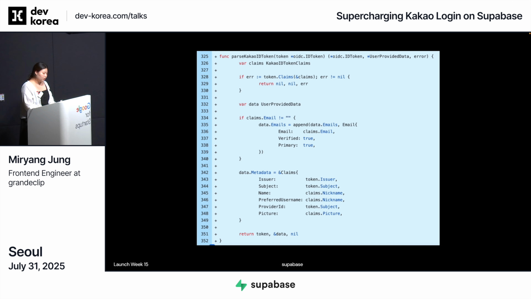I brought a small part of the pull request I submitted. The OIDC ID token used the standard format, but the user info inside can be a bit different for each service. For Kakao, we need code that maps things like the nickname and profile image to the right field in the Supabase user. I wrote a function called parse Kakao ID token, and here is the code.